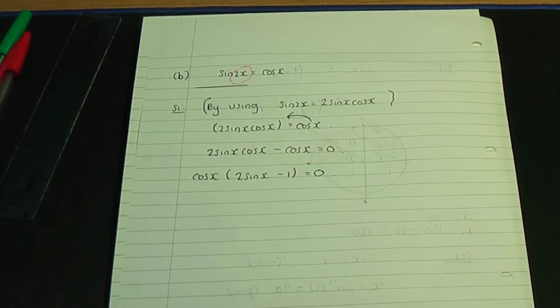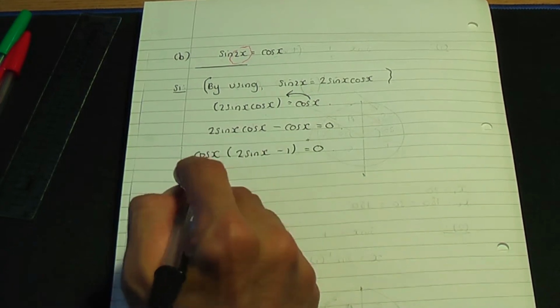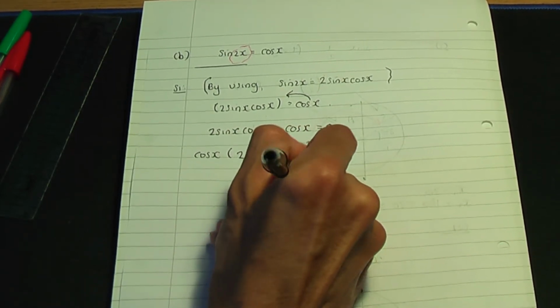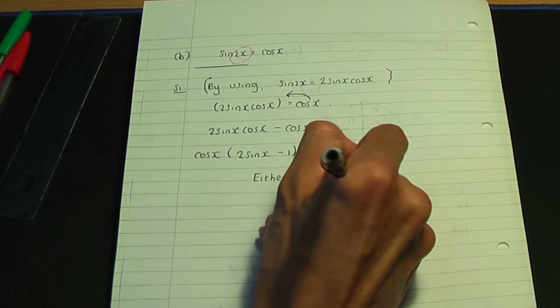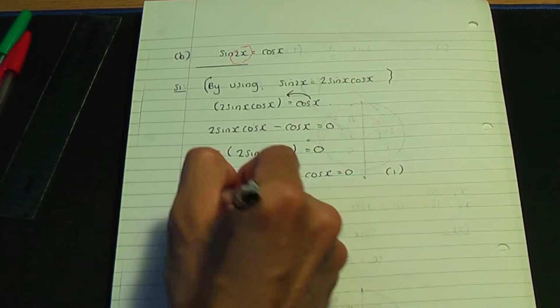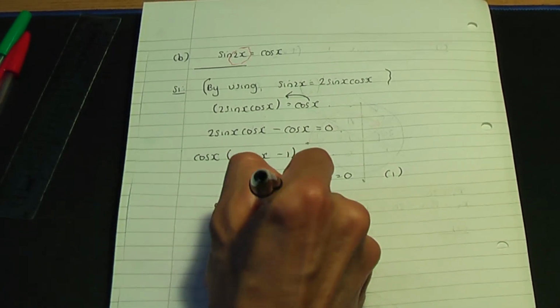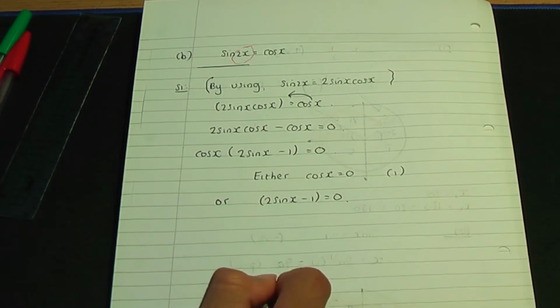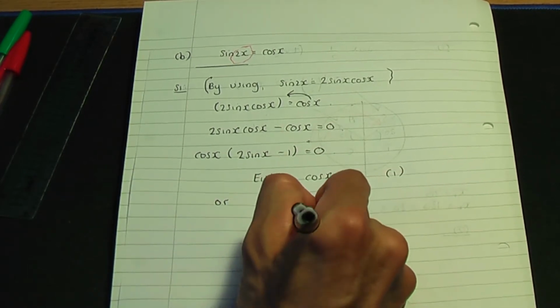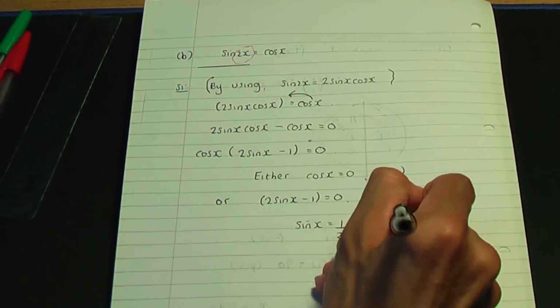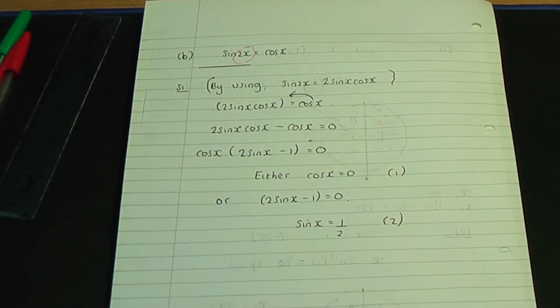In this case I have two equations, so either cos x is equal to 0, let's call that equation number 1, or 2 sine x minus 1 is equal to 0, and if I rearrange, sine x is equal to half. I'll name that equation 2.